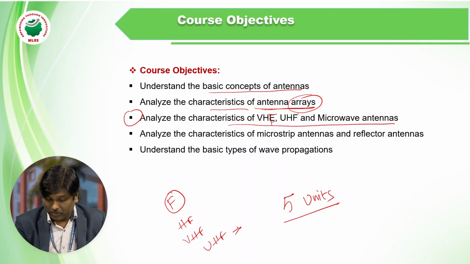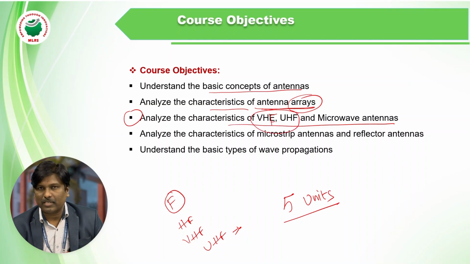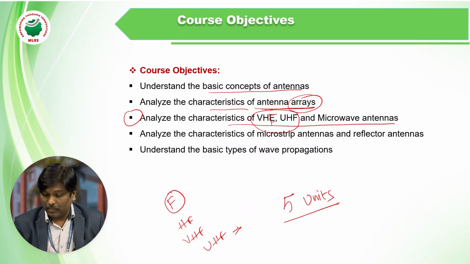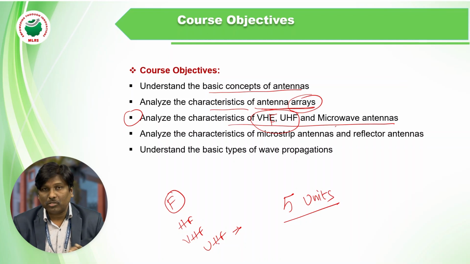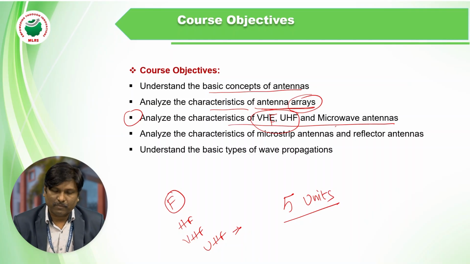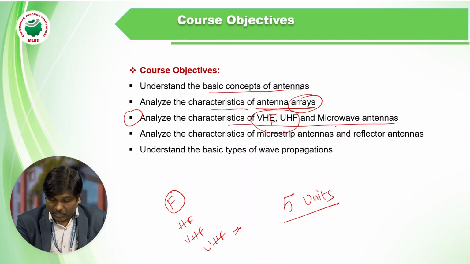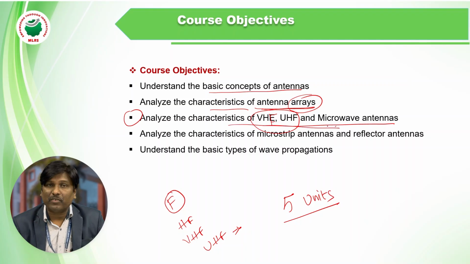So here we are using the VHF and UHF frequencies, and those are applicable to antennas operating at microwave frequencies also. So we are using three different types of frequencies: VHF, UHF and microwave frequencies. We try to identify which types of antennas are used at these frequencies.